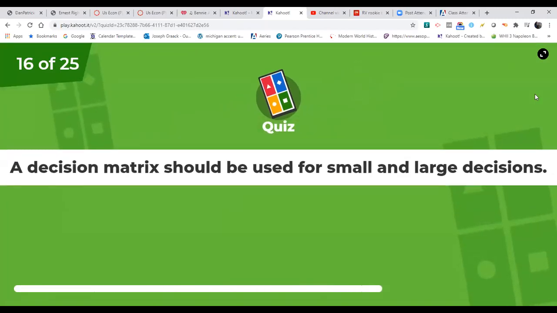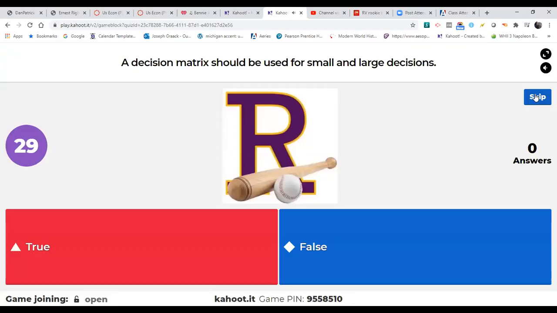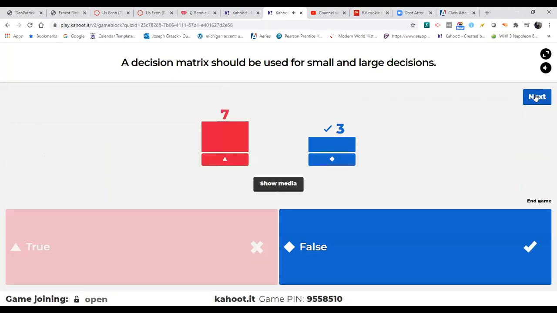A decision matrix should be used for small and large decisions. True or false? What's a decision matrix? Something for large decisions.